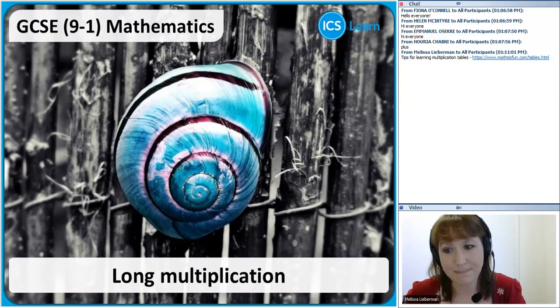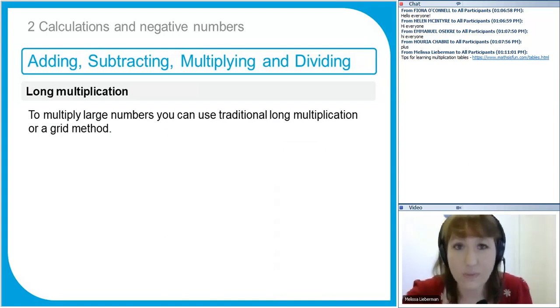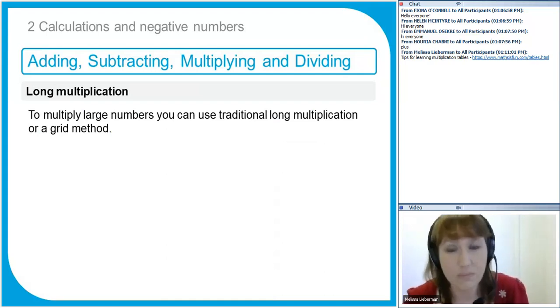Let's have a look now at long multiplication. So long multiplication means when you're not using your times table so much, but multiplying by a 2-digit number or a 3-digit number. And you might have questions in the non-calculator paper that ask you to use this long multiplication. Now, it doesn't matter what method you use. So if you come from a different country where you've learned a different method, that's fine, as long as it works and gives you the right answer.